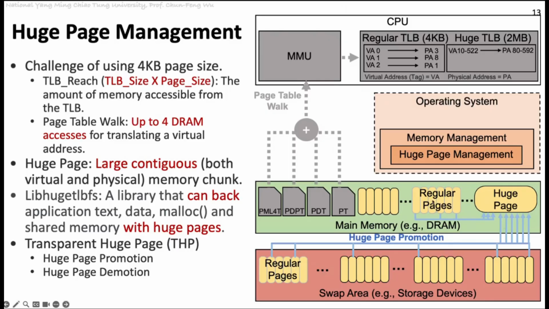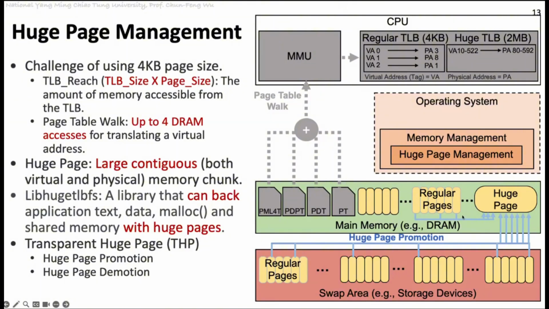Promotion means you need to copy the data out from the memory and from the storage, and combine them together inside a 2 megabyte continuous area, so they can become a huge page. The good thing is, if you are using memory allocation and you really use this 2 megabyte area, then you don't need to do this promotion, because you can directly allocate the 2 megabyte area and put the data inside.